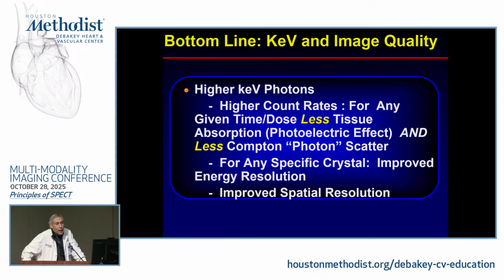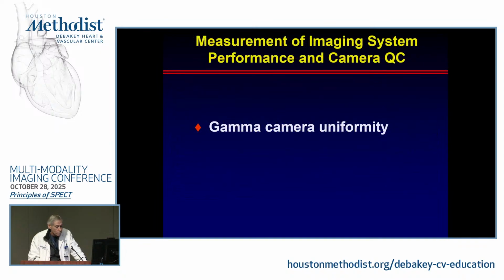Even though it had a better extraction fraction and had redistribution at 4 hours to look for ischemia and all of this, we basically have resolved to technetium in SPECT imaging because of the higher keV and therefore greater photon acceptance by the sodium iodide crystal and less Compton scattering than what we see with, for instance, thallium.